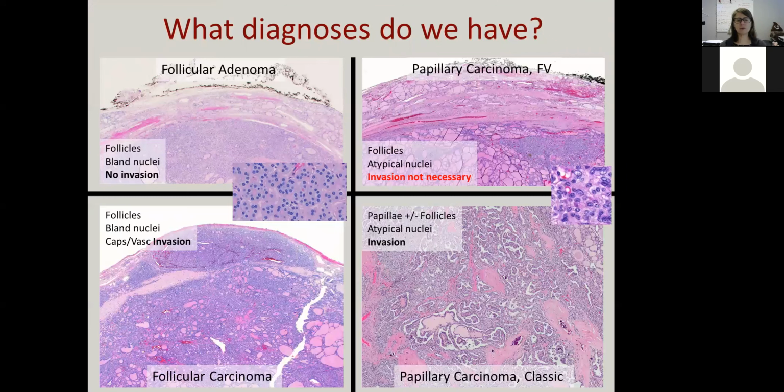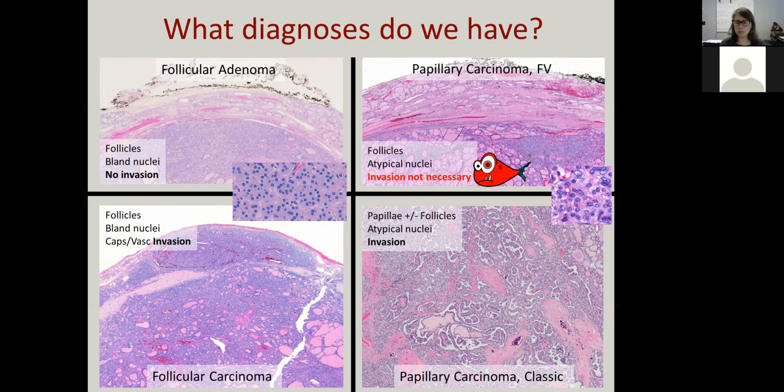But then we are left with the follicular variant of papillary carcinoma that grows in follicles, that has atypical nuclei, but invasion was not necessary for diagnosis, only nuclear features. So this is the only outlier. This is really the only tumor we could call carcinoma without invasion, which just seems weird.